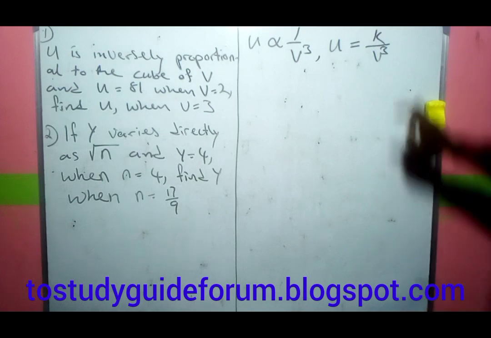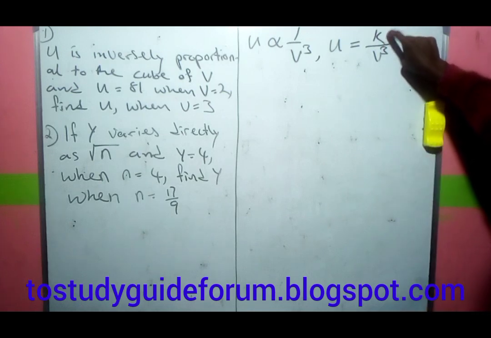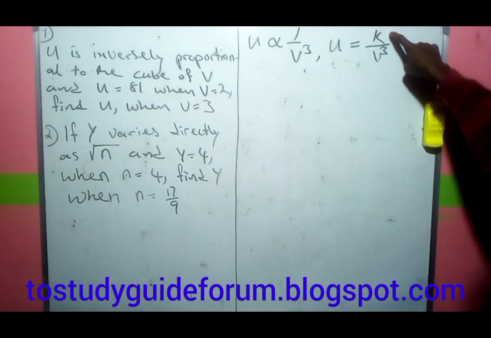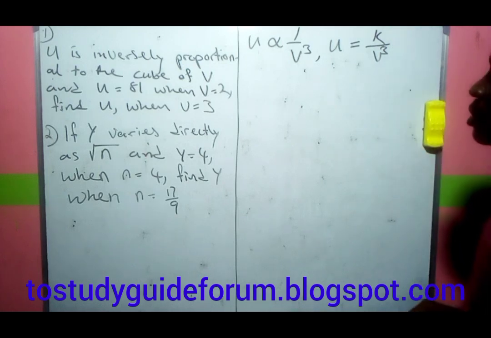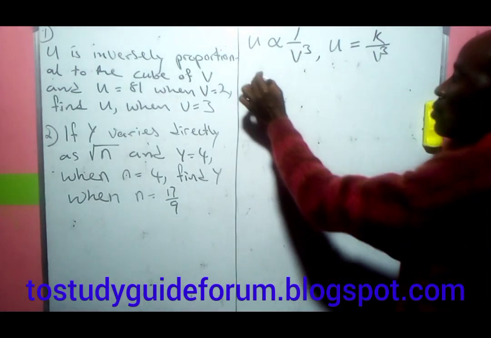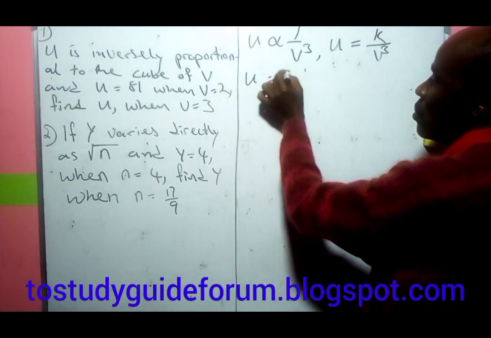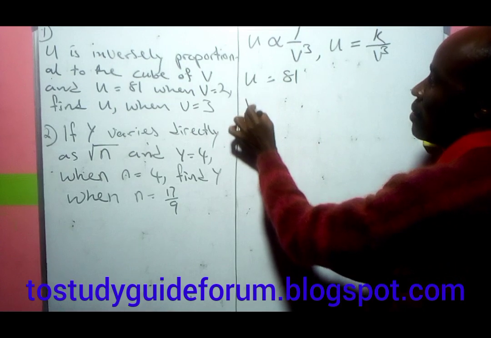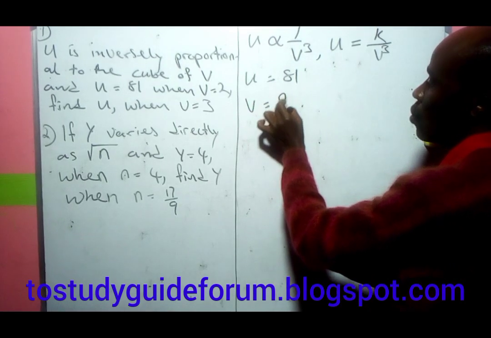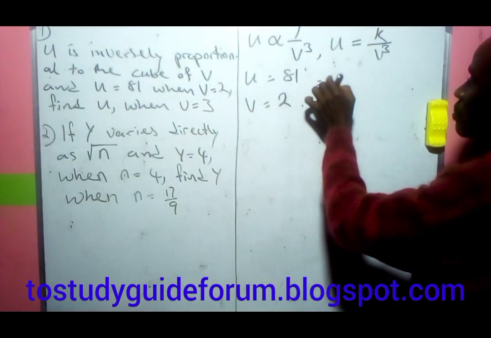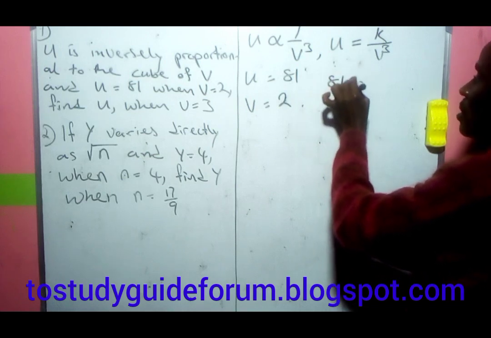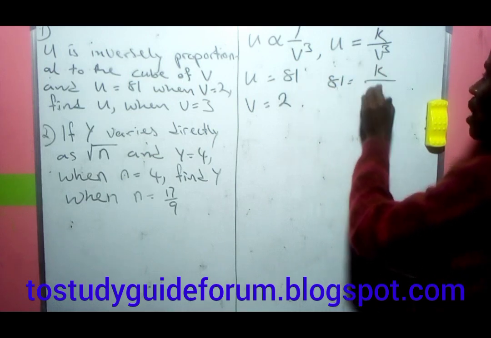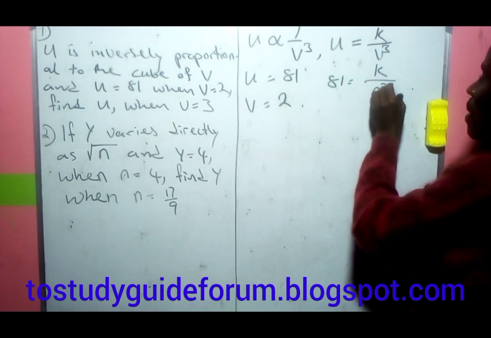Now the next thing we do is find the constant in order to solve the problem. How are we going to find the constant? We substitute for all the values. When U is 81, V is 2. So U is 81, equal to K over 2 raised to the power 3.